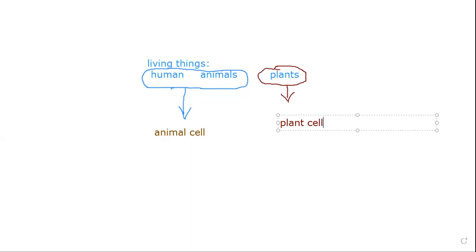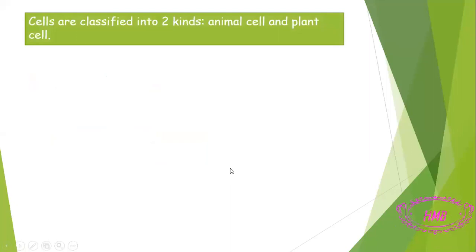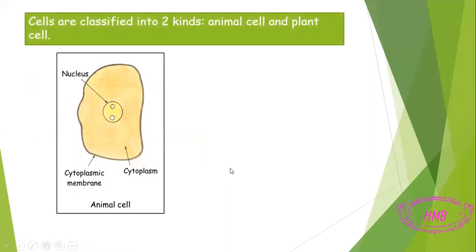All the human and all the animals have cells. The cells that are found in the bodies of human and animals, we call them animal cells. So we can conclude that we have two kinds of cells: plant cell and animal cell.